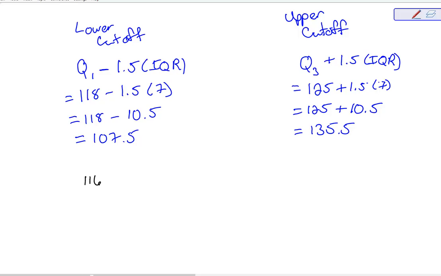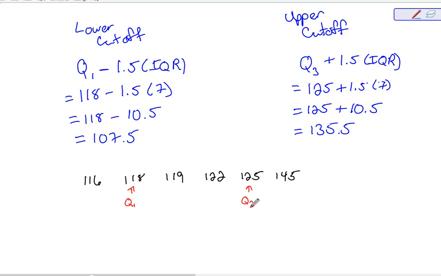So let me rewrite the data set that we had. We had 116, 118, 119, 122, 125, and 145. Now I'm going to go back in here and identify that 118 was Q1, 125 was Q3.